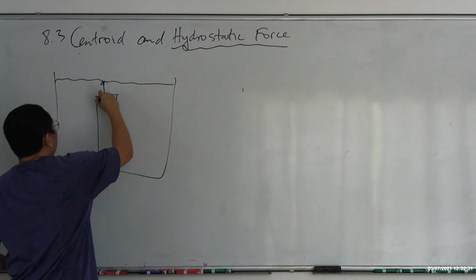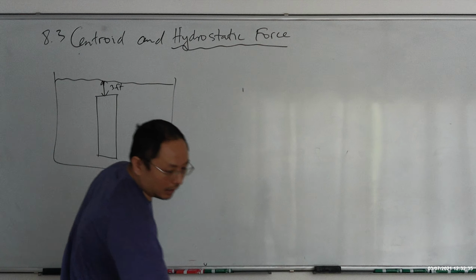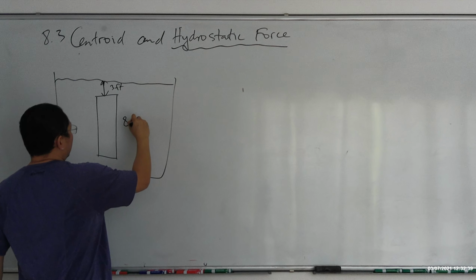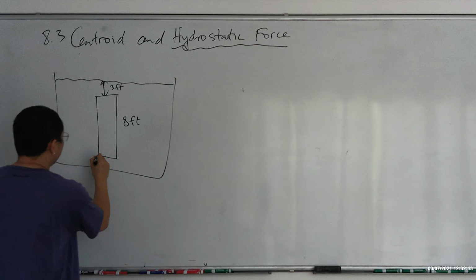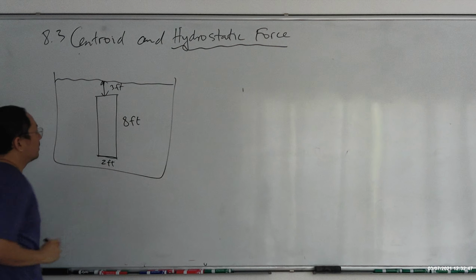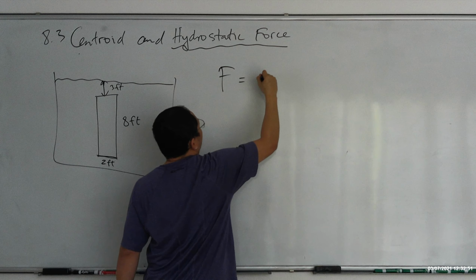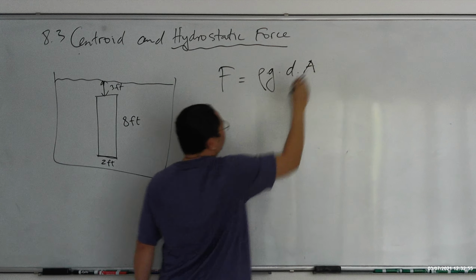Oh boy, it's feet, okay. 3 feet. The height is 8 feet. And the width here is 2 feet. Okay? And we have the formula force is equal to rho times G times D times A.